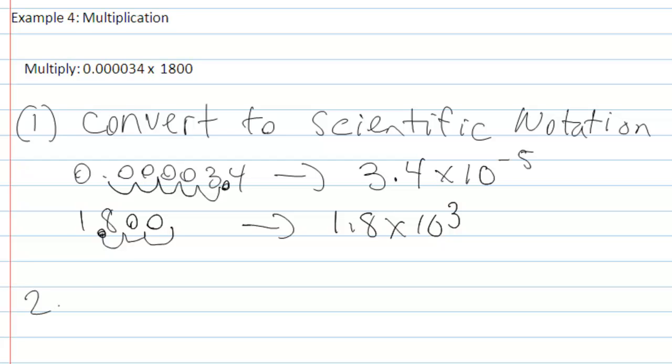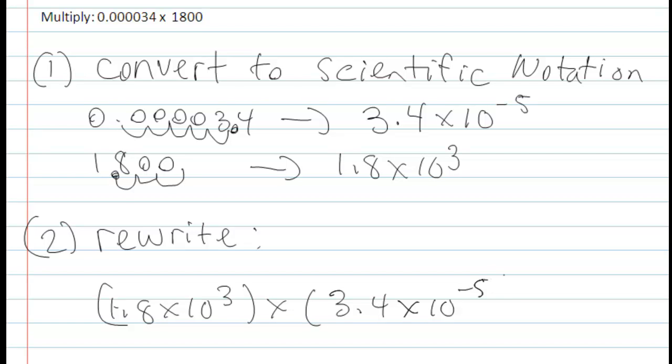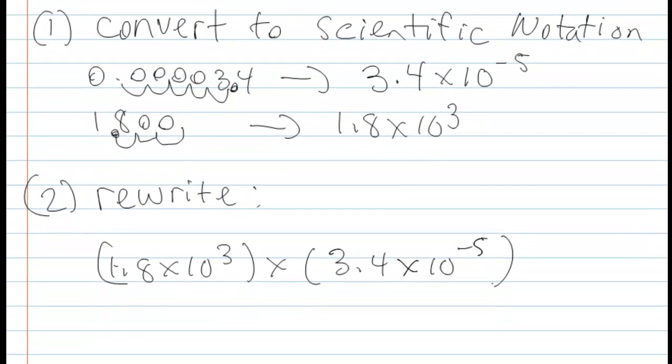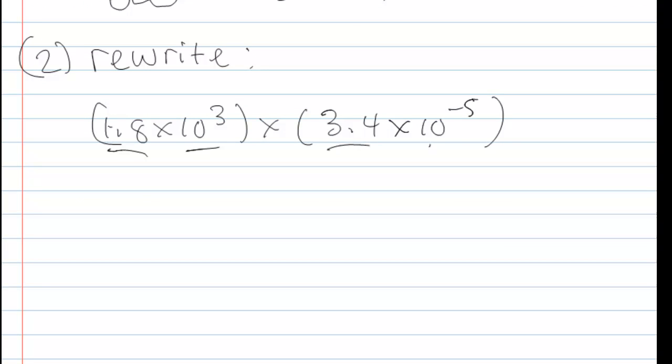So now, step 2 is rewrite. Now I have 1.8 times 10 to the 3 times 3.4 times 10 to the negative 5. And one awesome property about multiplication is that it is commutative, meaning I basically have 4 terms here. 1, 2, 3, 4.